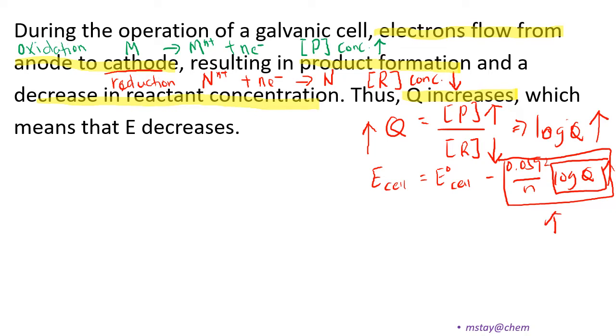So E naught cell minus a bigger value means the E cell will decrease. This is the explanation.